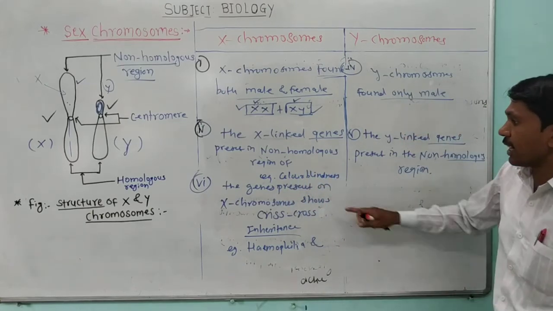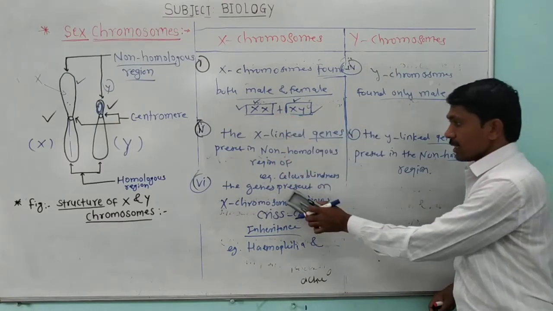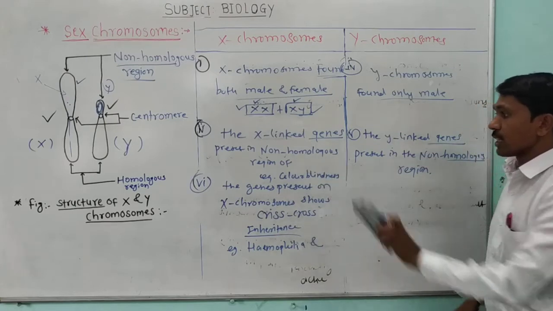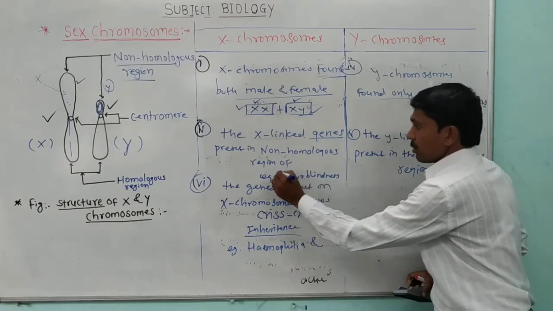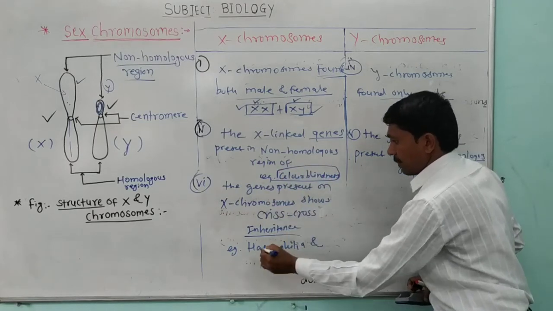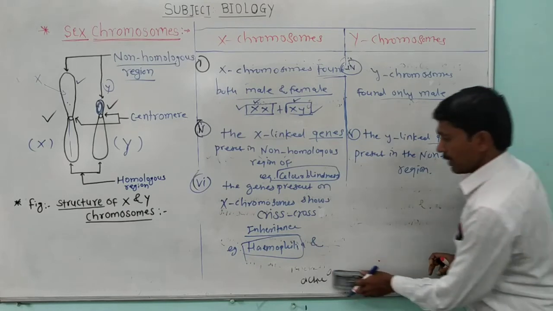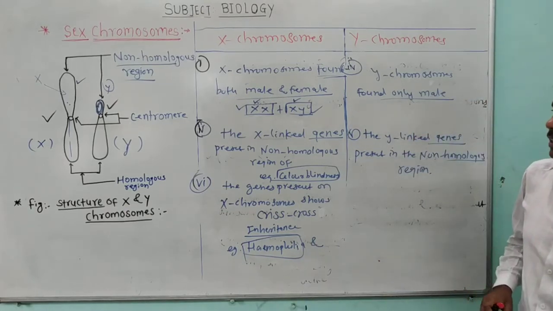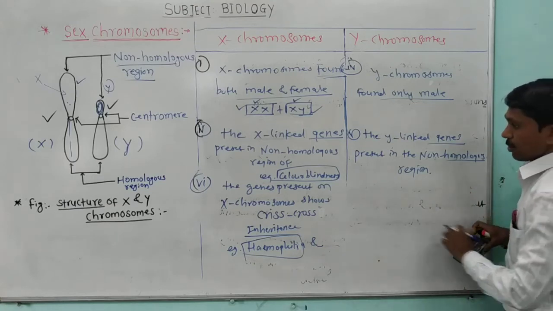The genes present on the X chromosome show crisscross inheritance. Examples of crisscross inheritance present on the X chromosome are hemophilia and color blindness.